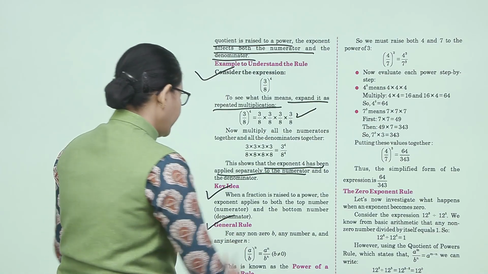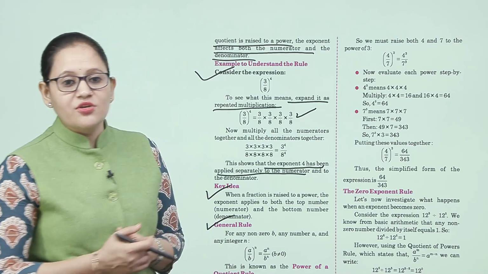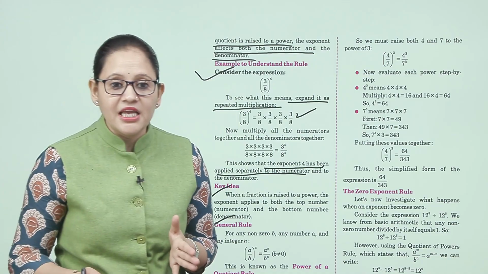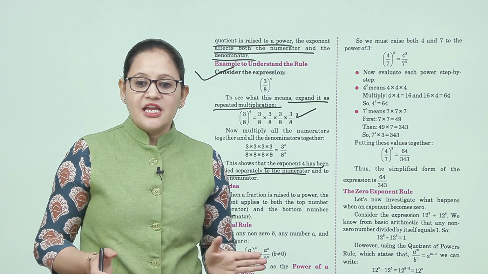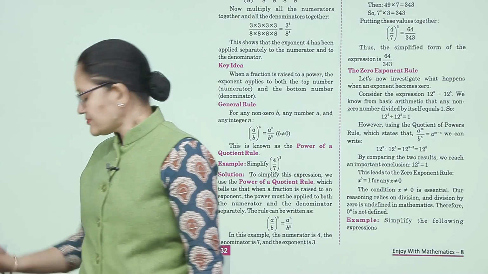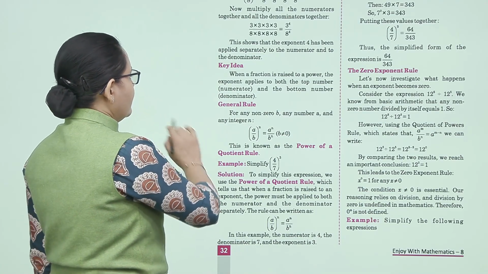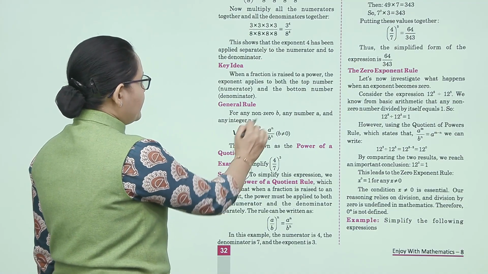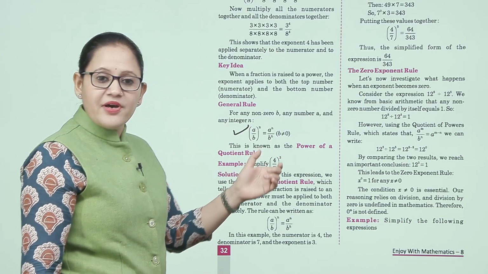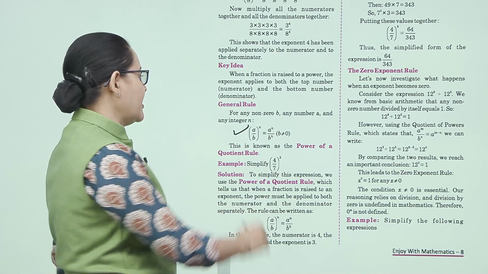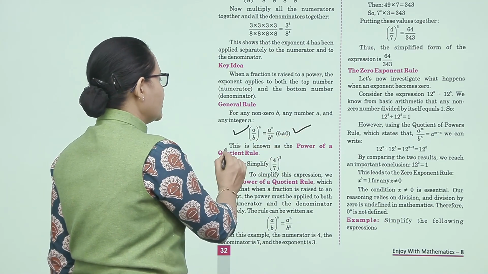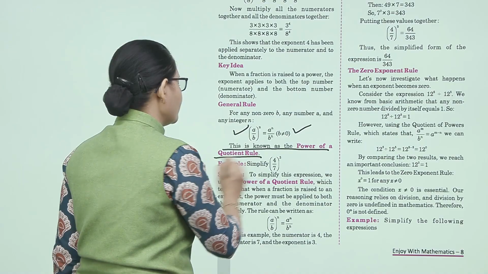Now the general rule: for any non-zero b, any number a and any integer n, (a upon b) to the power n is equal to a to the power n upon b to the power n. Here b is not equal to 0. This is known as the power of the quotient rule.